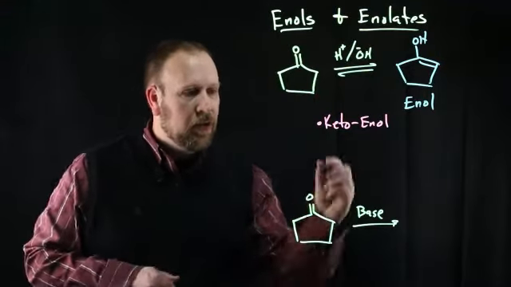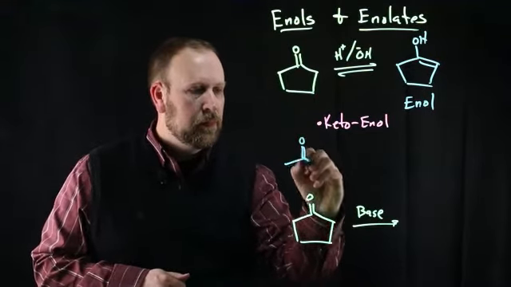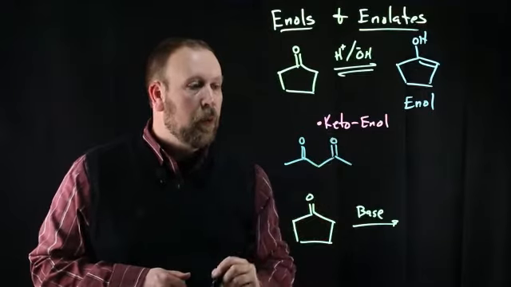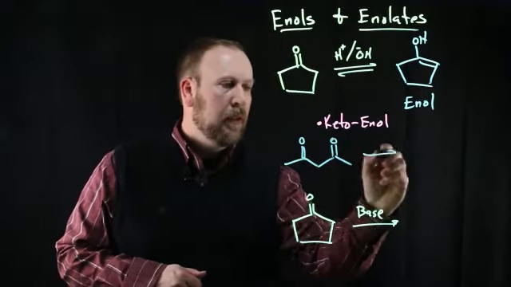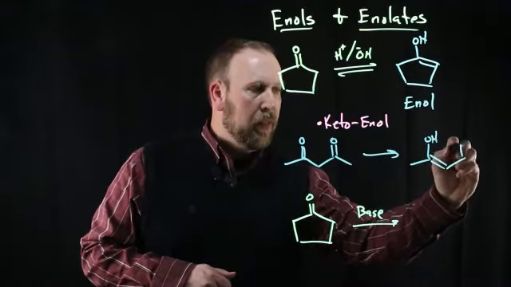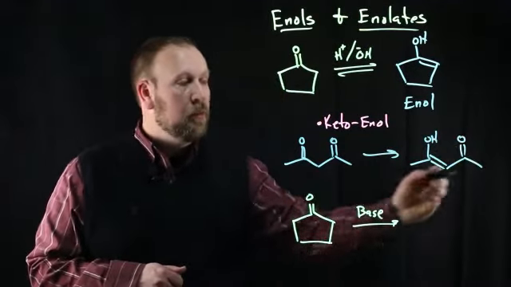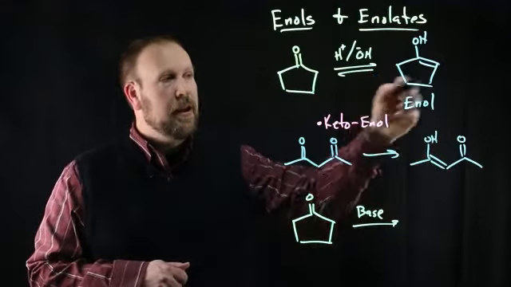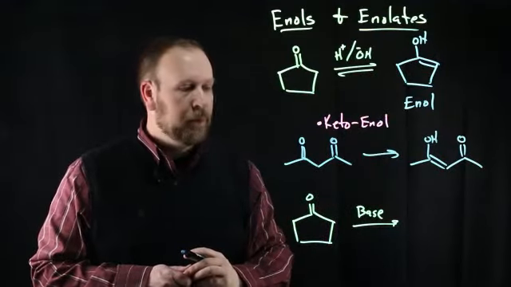If we change our structure a little bit, where now we have two different carbonyls, then we actually see a higher percentage of the enol that forms. So this is going to be much more prevalent in solution than this particular enol is going to be.